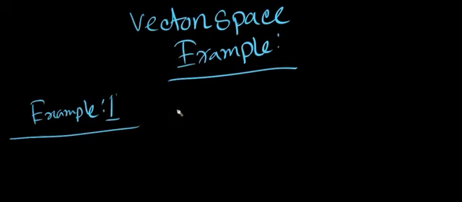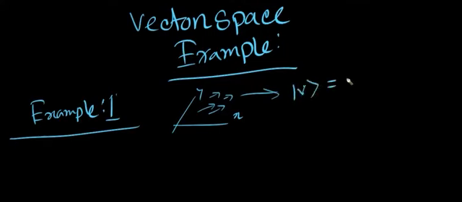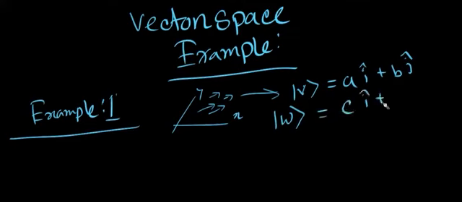So any vector in this subset, that is, if you have an xy plane, let's say, and the objects that live here, these arrows, they can in general be represented as, let's say I want to denote it as v, and there is some a, a number, times i hat, and b times j hat. I want to express these vectors like this, and I can take another vector denoted by w, and let's say it's c i hat plus d j hat.